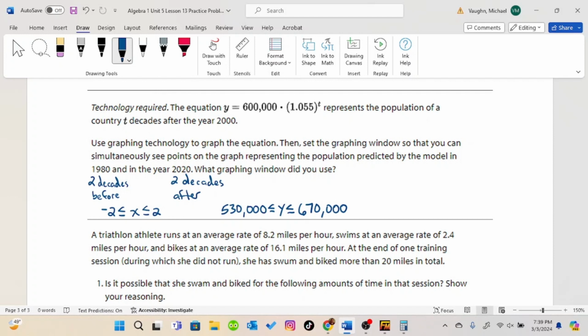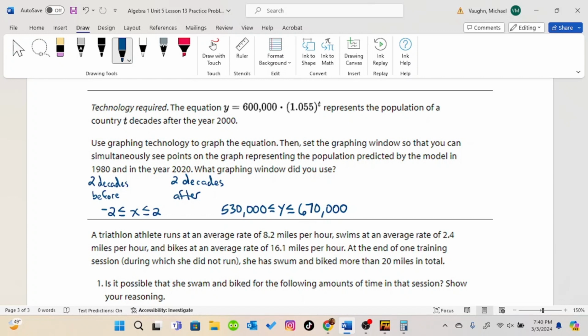So our graphing window's x would be -2 to 2 because we're wanting 1980, which is 2 decades before 2000, and we want +2 because 2020 is 2 decades after 2000.